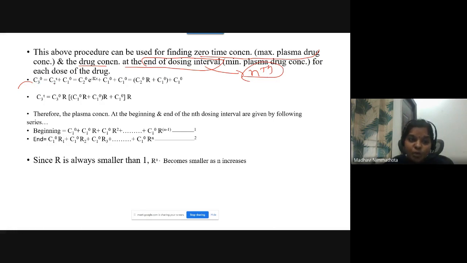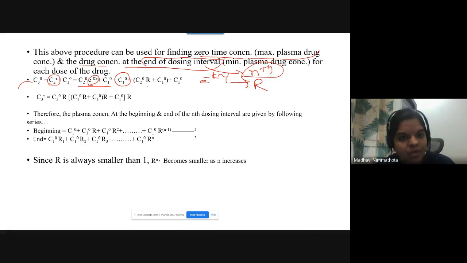For that we need C2 tau and C10. We have the C2 tau equation, then C10 as it is. So we will get this equation from the previous equation. Then instead of e to the power of minus k tau, you write R. The same thing I have written here.